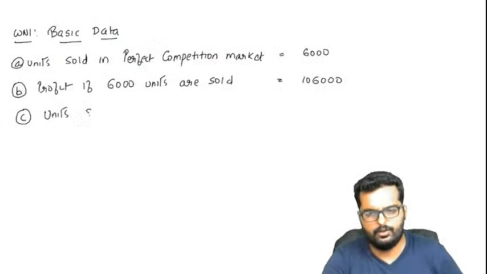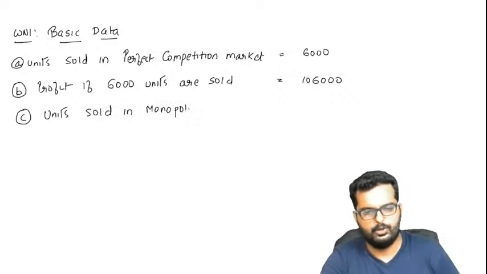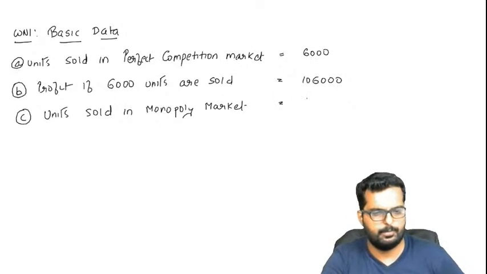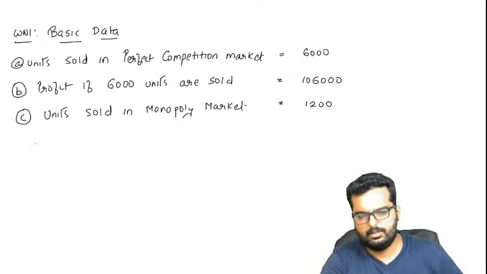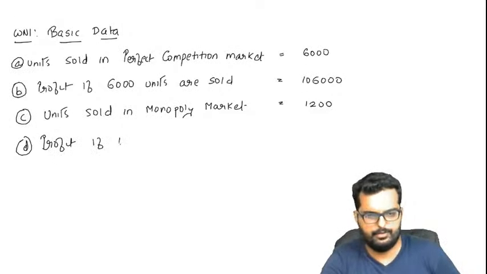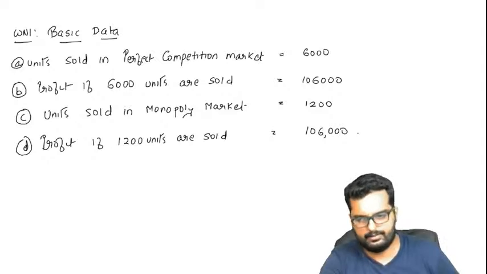So units sold in monopoly market. You know the difference between monopoly and perfect competition? You must have learned it in your economics. Profit if 1,200 units are sold. Does it turn out to be 1,06,000?